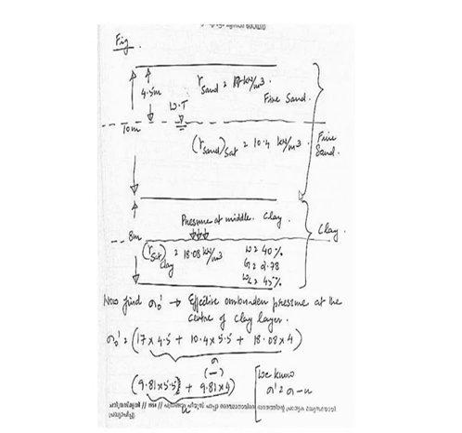You have moist sand here, 17 into 4.5, plus the weight of the submerged sand, that is 10.4 into 5.5, plus the saturated clay, that is 18.08, which I already found, into the height till the middle, that is into 4. So this is the total stress, and from this if you reduce the pore water pressure you will get the effective stress.